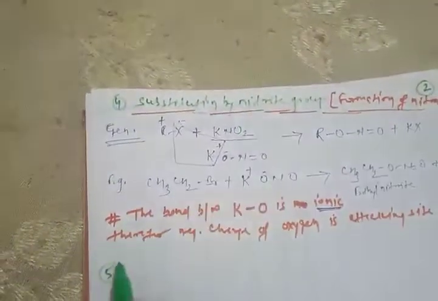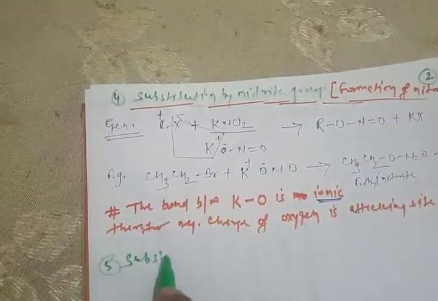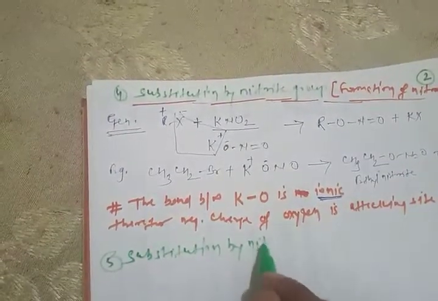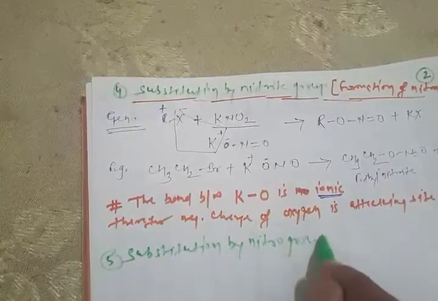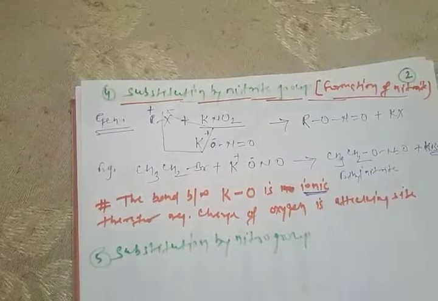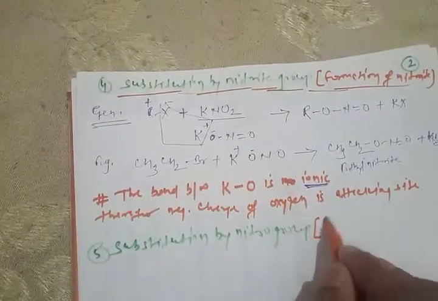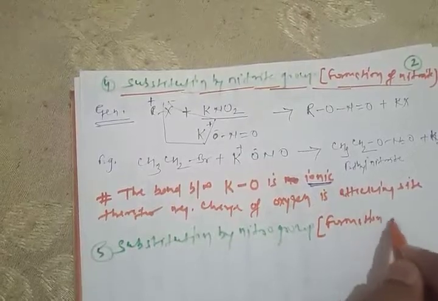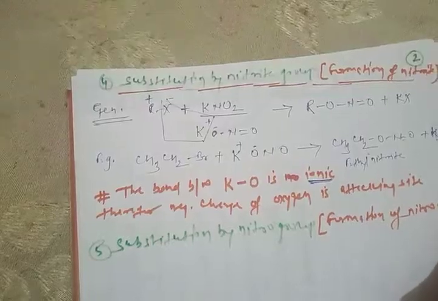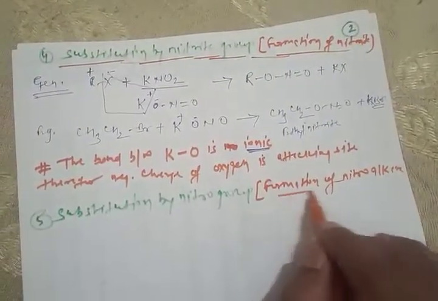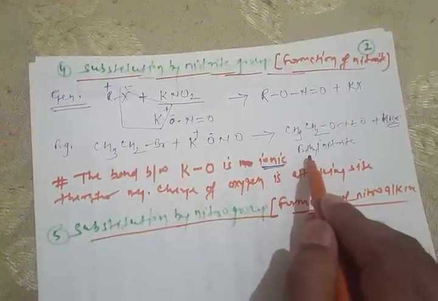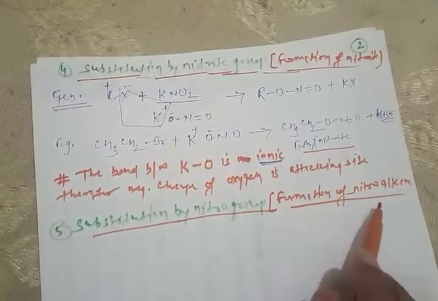The product is the formation of nitroalkane. Again I'm repeating, the previous product was ethyl nitrite; here it is nitroalkane.